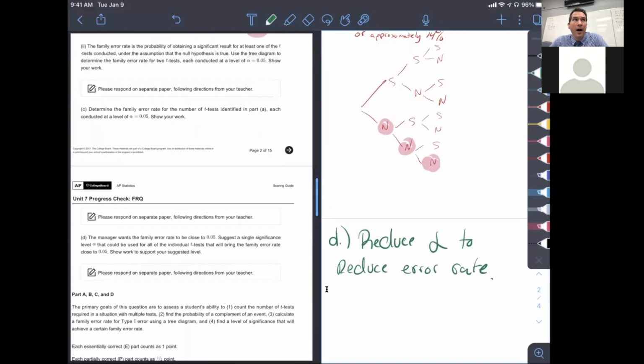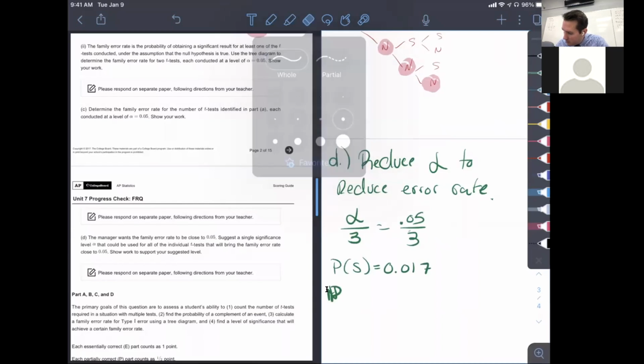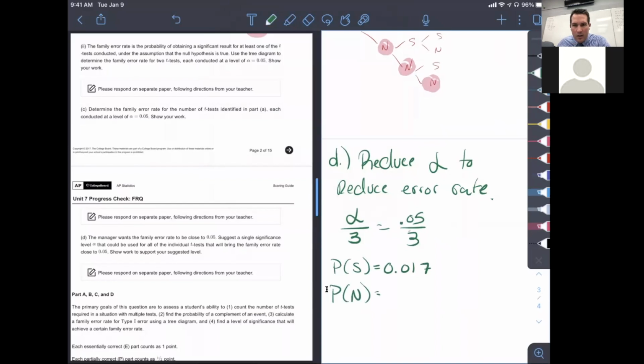Now, if I want it to be close to 0.05, and there are 3 tests, we might try just taking alpha and dividing it by 3. Or 0.05, which is what we started with. If we cut it into 3, we can check what this is going to be. So in this case, that would mean the probability of success is 0.017. And that means probability of not significant would be 0.983, if I can do my math correctly.